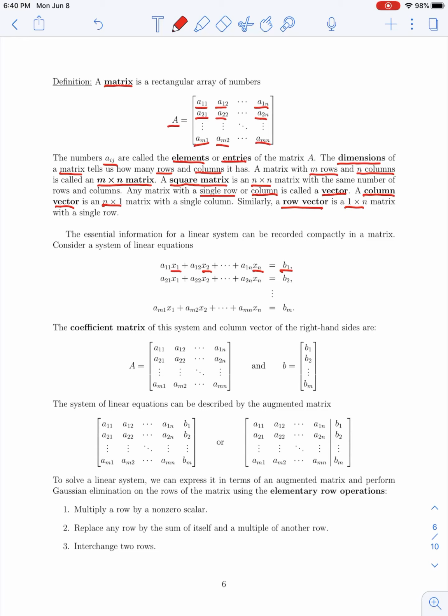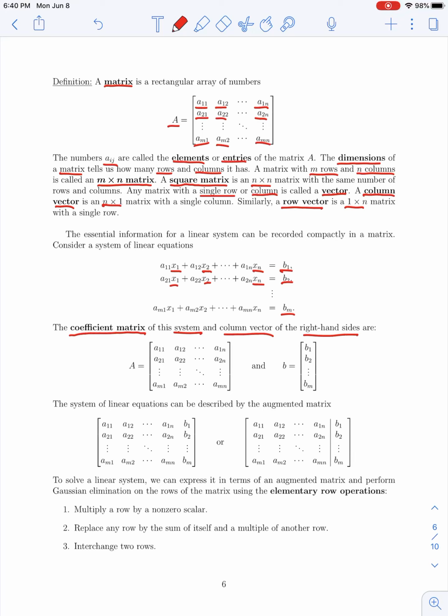For our second equation, we have this linear combination is equal to b2, down through bm. So we have altogether m equations in terms of n variables. For such a linear system, we can define what is called the coefficient matrix of that system, and the column vector for the right-hand side of that system, as follows.